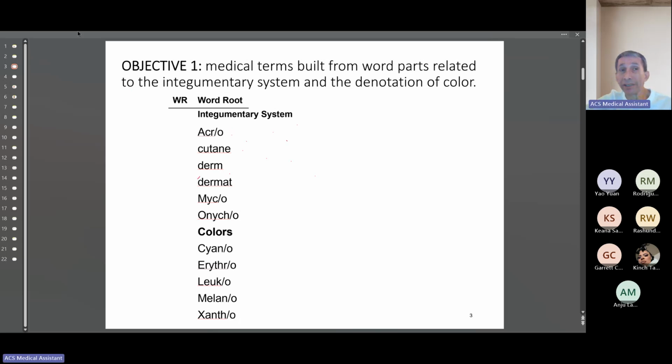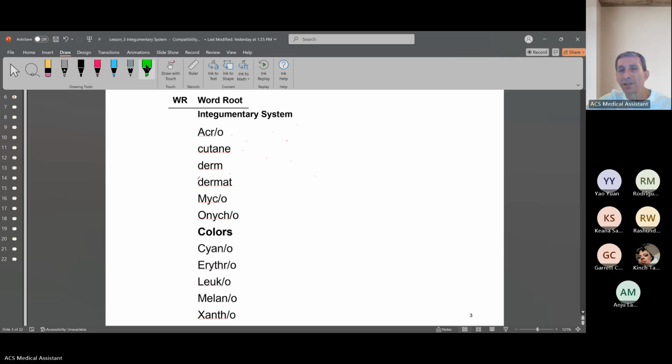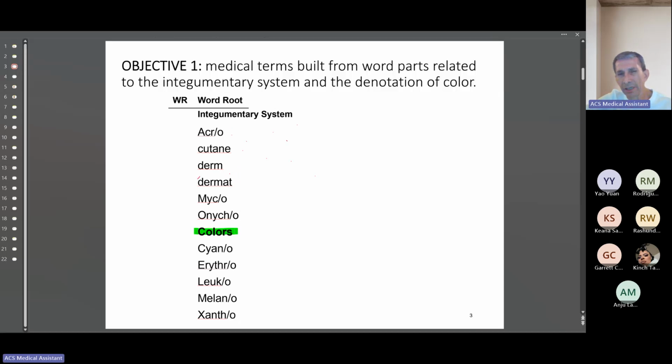It can turn kind of white, your skin. So if we look at colors, right here, this is colors, meaning everything that we're going to talk about down here is referred to medical terms referring to colors.